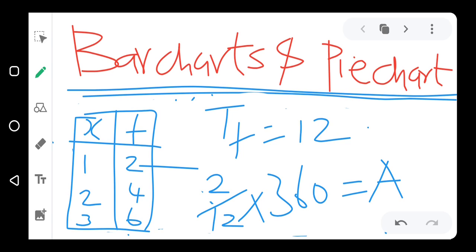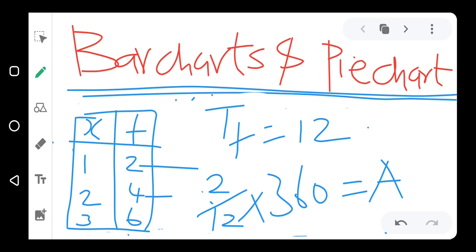Then for the second one, that is for 2, we come to its frequency in the frequency table.